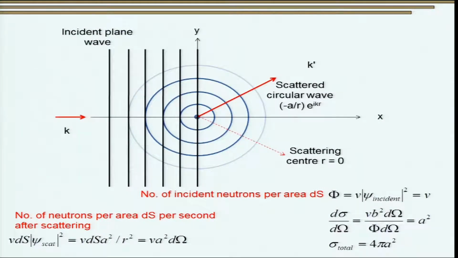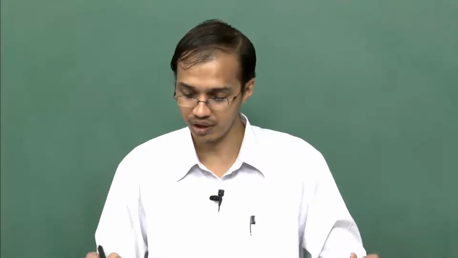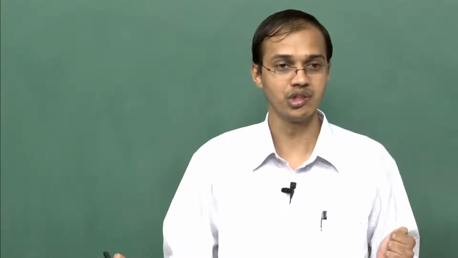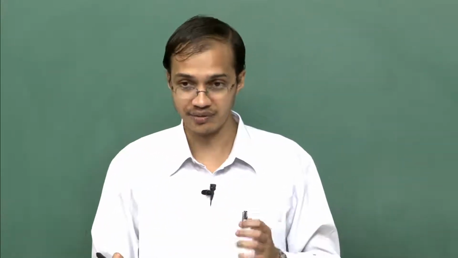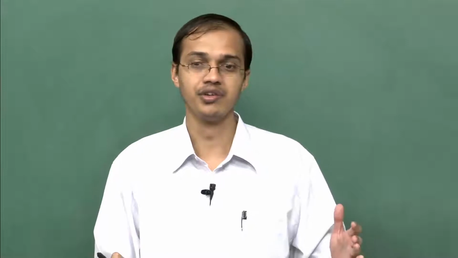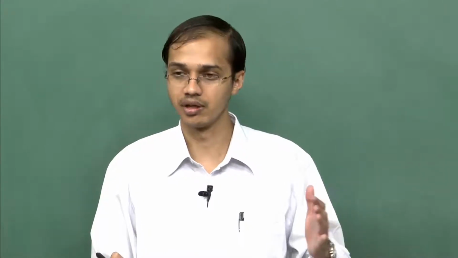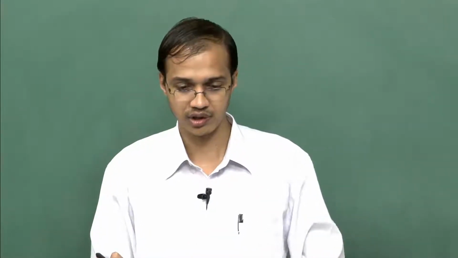I would like to repeat that the neutron cross section is proportional to the square of the amplitude, like what we got even for X-rays. The only thing is, we are deriving it in a slightly different way, because instead of a wave approximation, we are explaining the same thing using a particle approximation. Having said that, at the end of the day we end up getting the same solution.